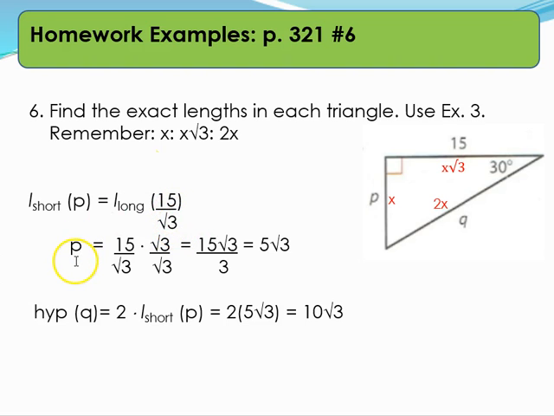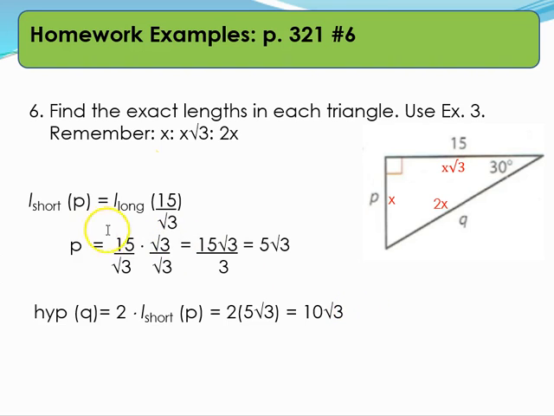So now we can say that P equals 15 divided by square root of 3, rationalize. We have 15 square root of 3 divided by 3, which is 5 square root of 3. Now we need to solve for our hypotenuse, which is Q. Q equals 2 times the short leg, which is P. So 2 times 5 square root of 3 equals 10 square root of 3.